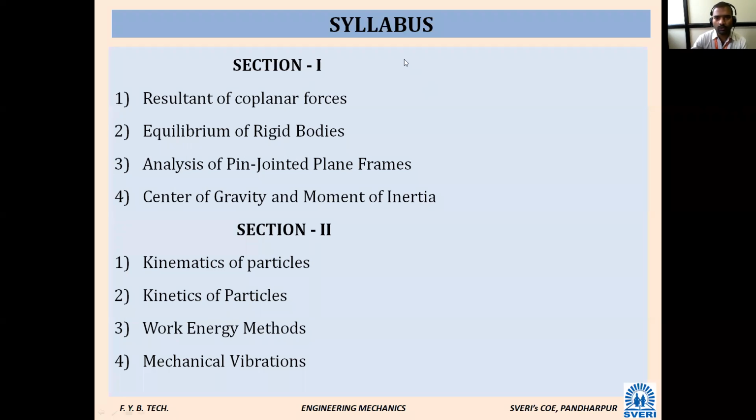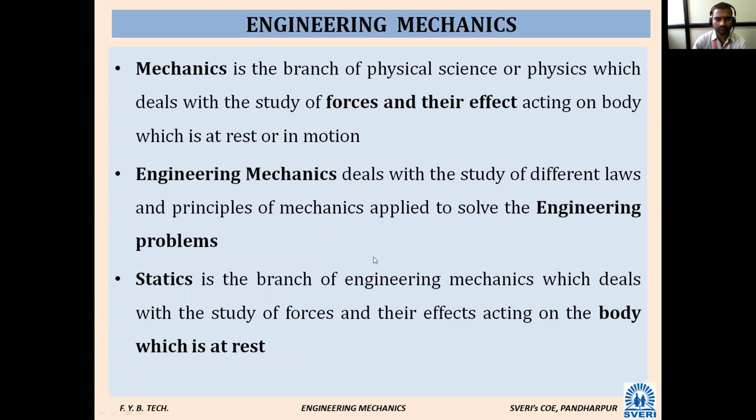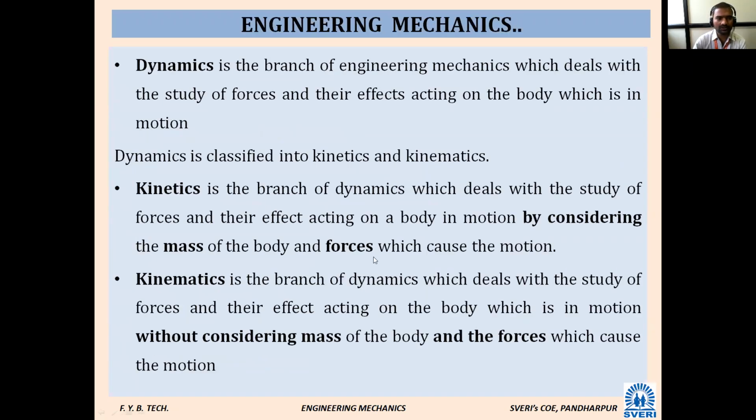When the body is under motion, there are different conditions. What are the two different conditions? Kinetics and kinematics. Yes, in dynamics again there are two types: one is kinetics and one is kinematics.